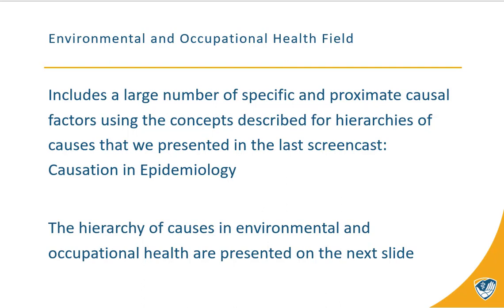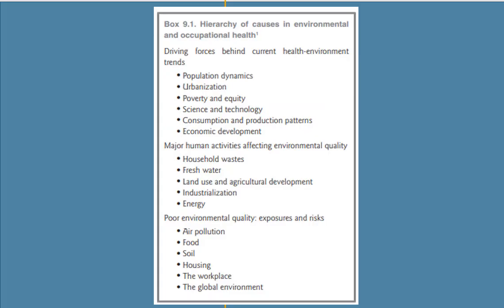Studying environmental and occupational epidemiology includes a large number of specific and proximate causal factors, using the concepts described for hierarchies of causes that we discussed in the last screencast. The hierarchy of causes in environmental and occupational health is presented in the next slide.